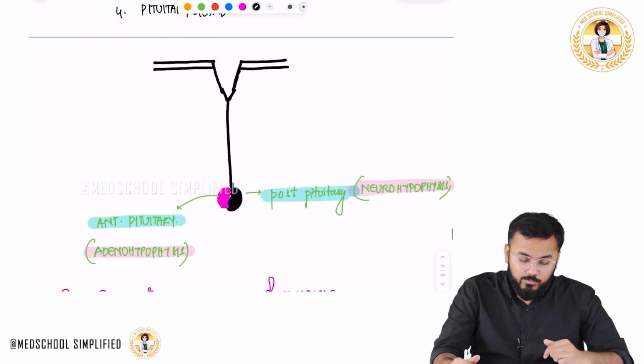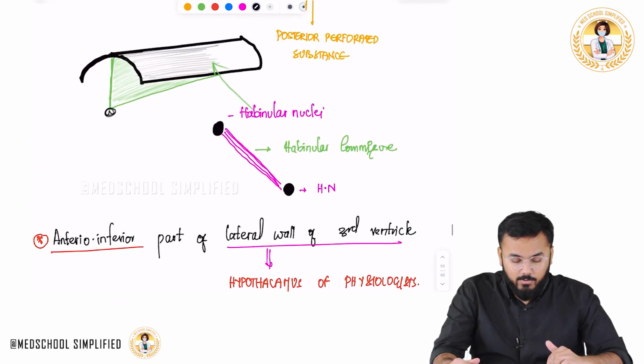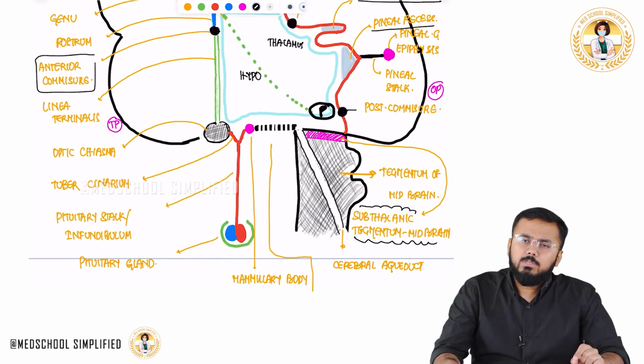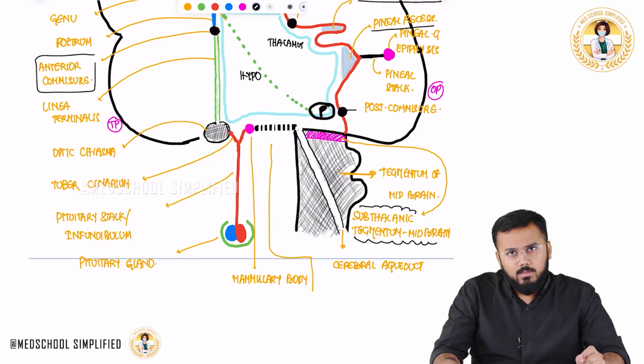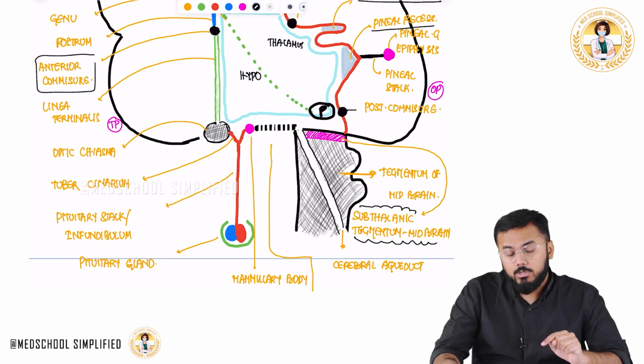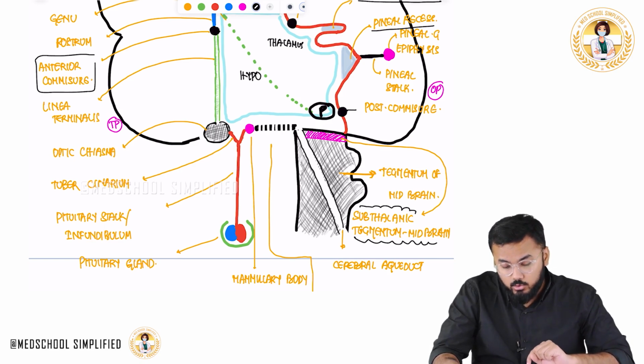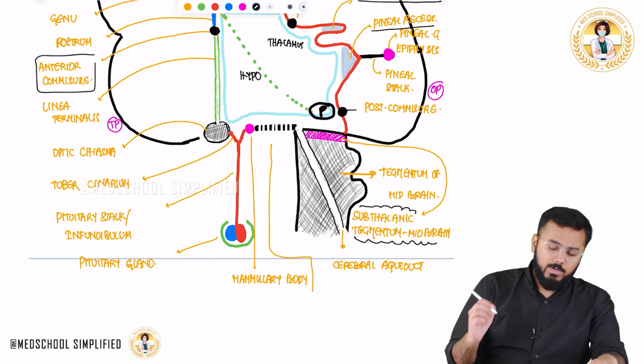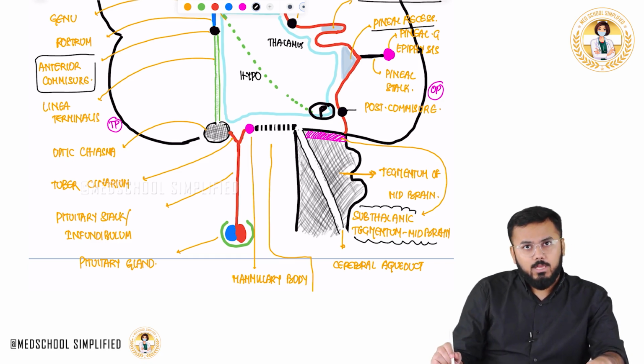Right. Now if you look here, one very important thing I want to discuss is the optic chiasm. Optic chiasm is a part of which system? Optic chiasm is a part of the visual pathway, right? And I am also telling you that optic chiasm is also a part of the hypothalamus, because optic chiasm is forming the floor of the hypothalamus.